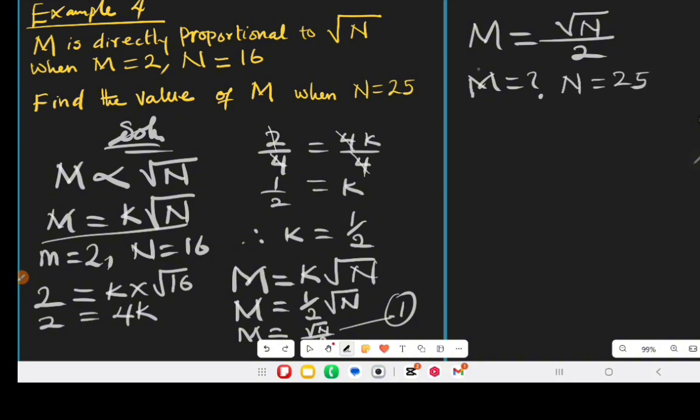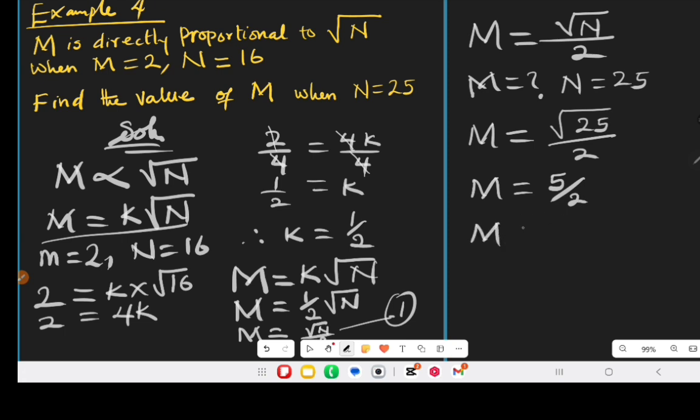If we put that into this expression, we have m is equal to root of 25 all over 2. Root of 25 is 5, so m is 5 all over 2. 5 divided by 2 gives us 2.5. If we want to change it to decimal, it becomes 2.5 as our answer.